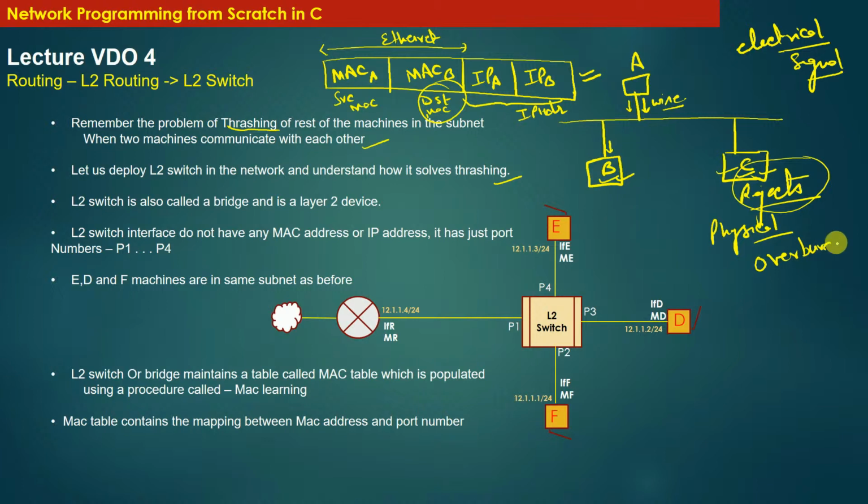Unnecessarily it is doing useless work. That is called thrashing. That is, machine C is being thrashed.